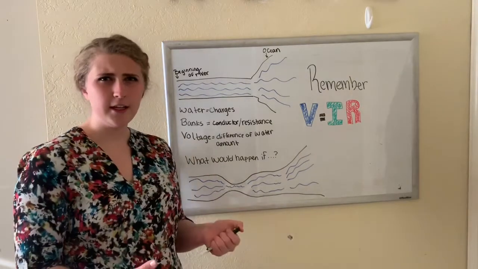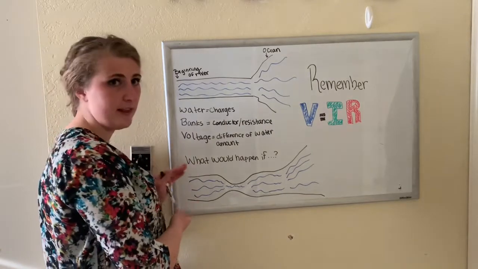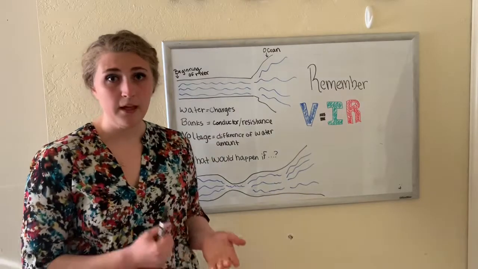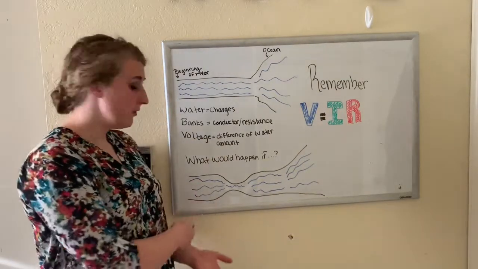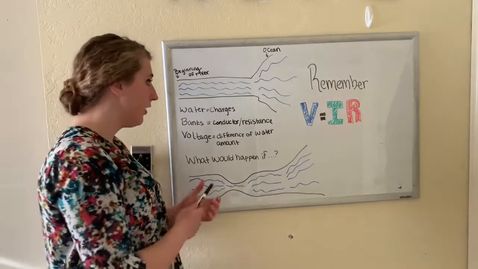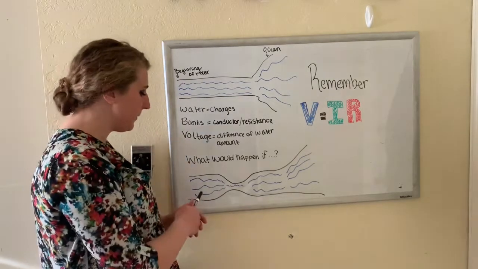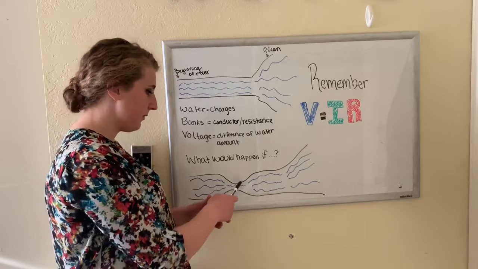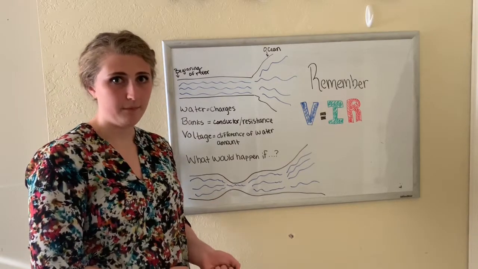So let's look at another situation. What would happen if we took the same amount of water in the same beginning of the river, but then we brought the banks closer together? This would increase the resistance. But we have the same voltage because we started out with the same amount of water that has to get through. So what would happen to our current? Well, as we can see here, this water is trying to get through this small area, so not as much water can flow through at a time.